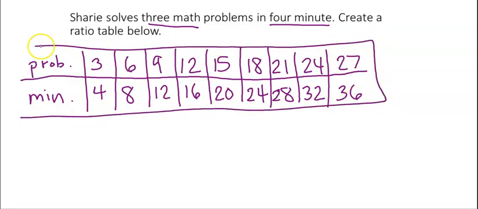So there's my ratio table. It goes with this ratio 3 to 4. So we've just built a ratio table of equivalent ratios, ratios that are equivalent to 3 to 4, because that was our original ratio that they gave us.